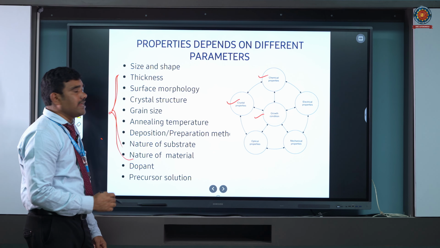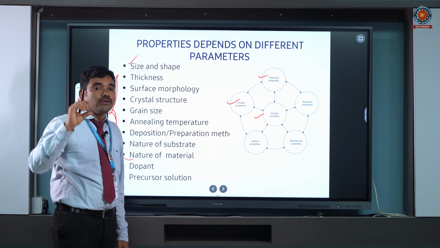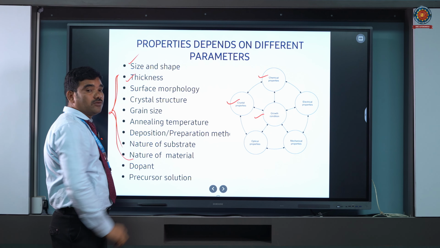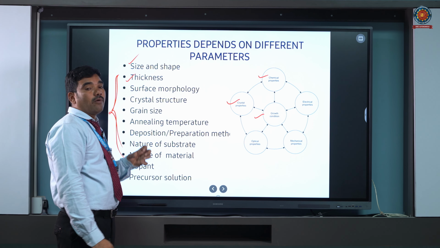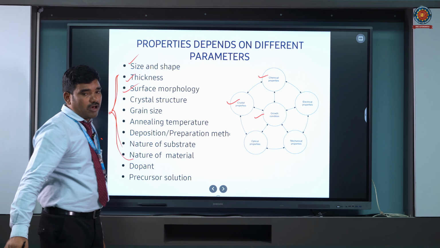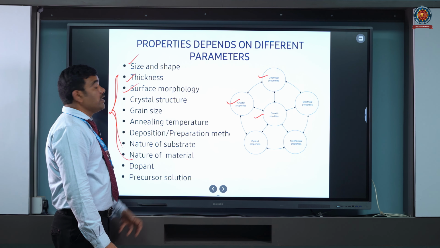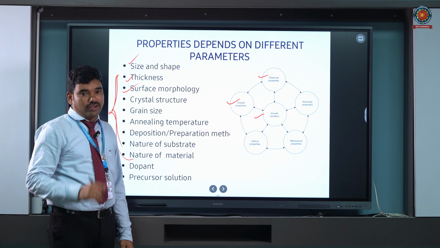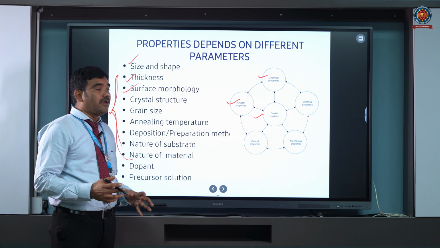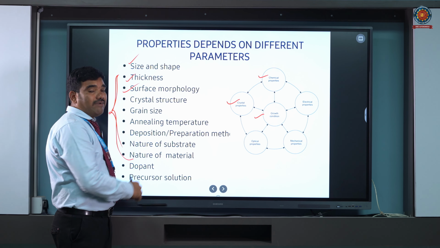If particle size is high, the band gap is low. The thickness of the material also matters for its properties and applications. Another part is surface morphology. Surface morphology plays an important role in thin films because of the surface reactions and electrical properties for devices.